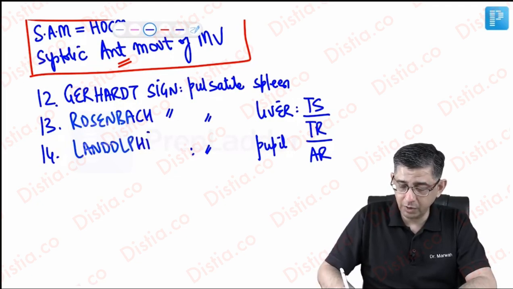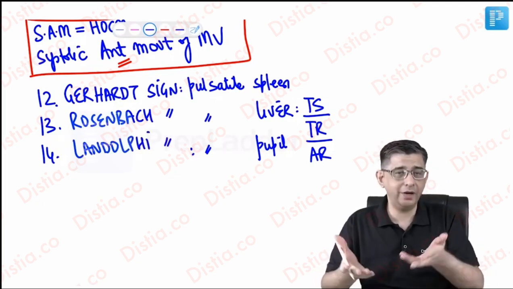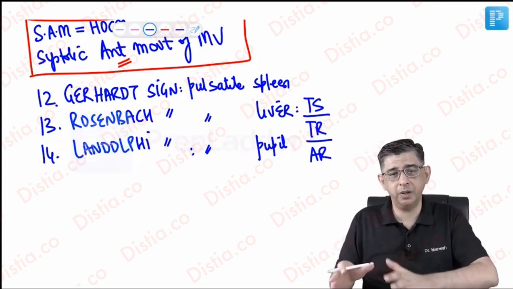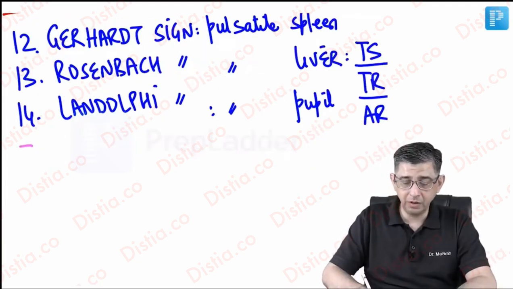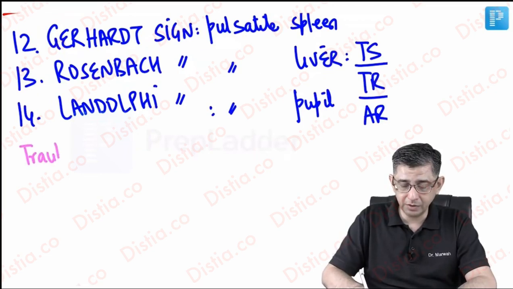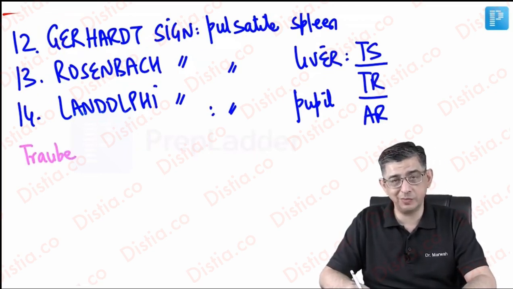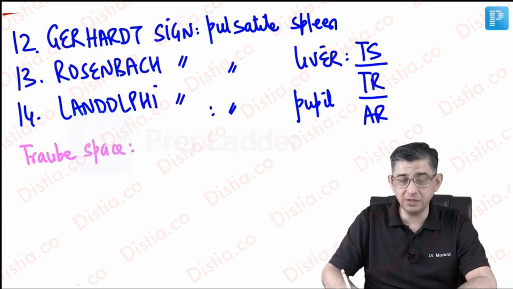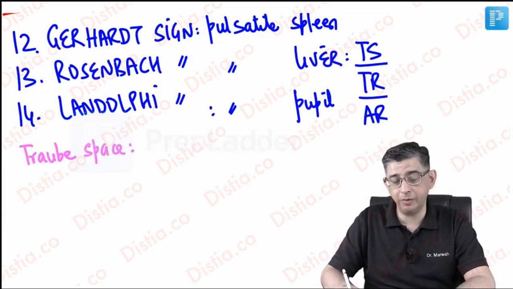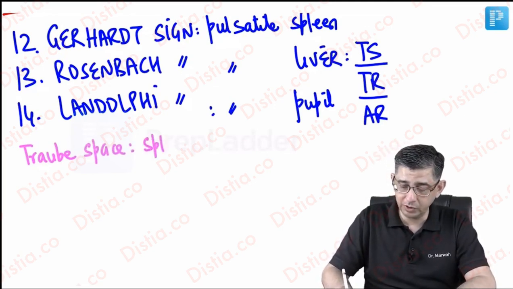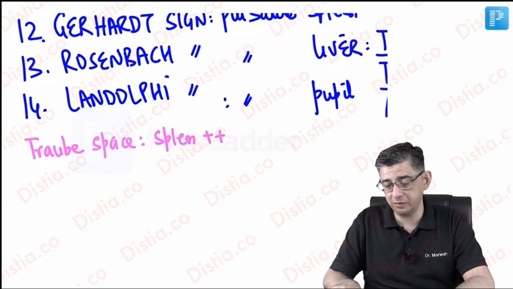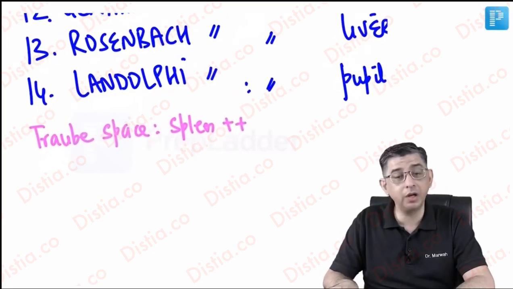So classical names coming up here. Since we are discussing them, it's always a good idea to at least try and remember them once. I'll also mention a couple of other allied terms, since I mentioned Traube sign with respect to pistol shot sounds. I'm also mentioning Traube space, which you read in GI in a per abdominal examination. This is related to the spleen. Whenever we have a spleen enlargement, the Traube space will change its resonant note.